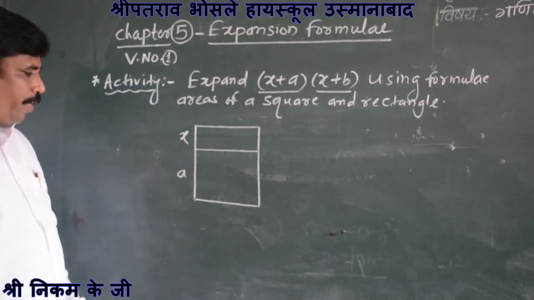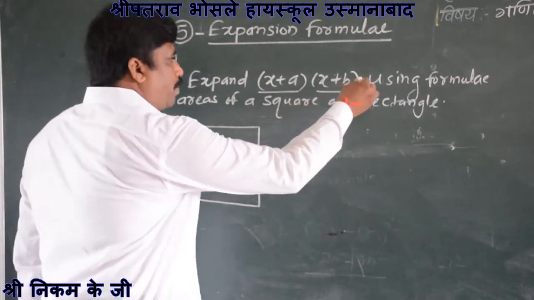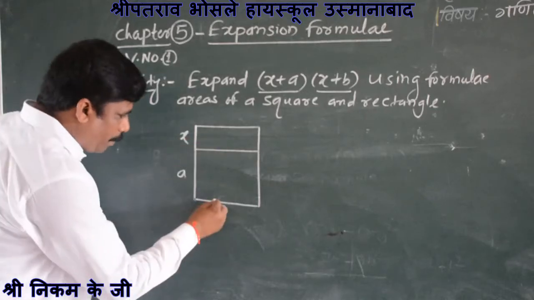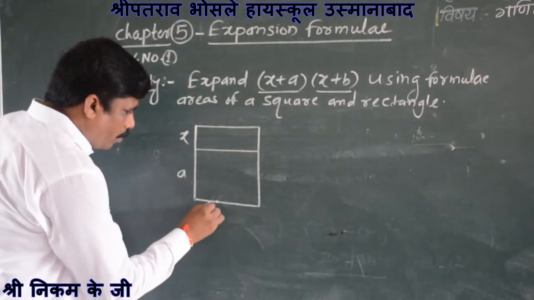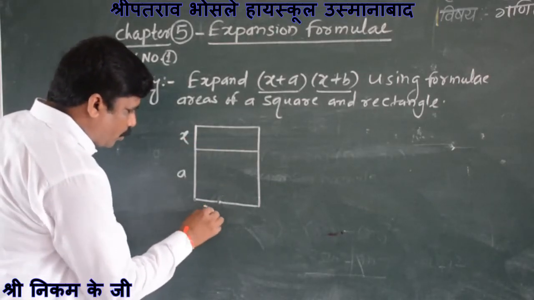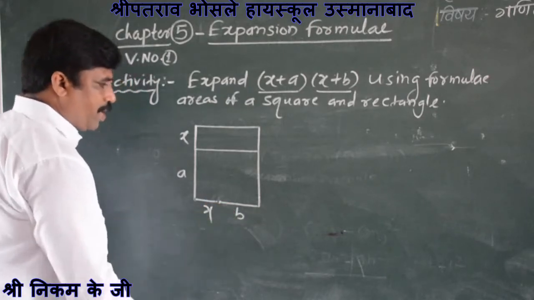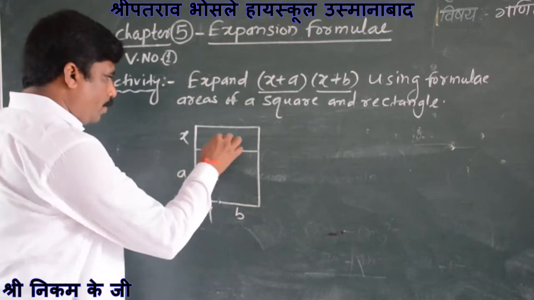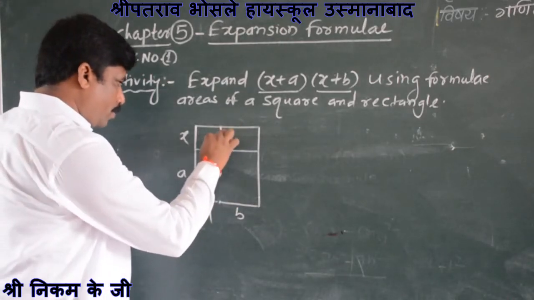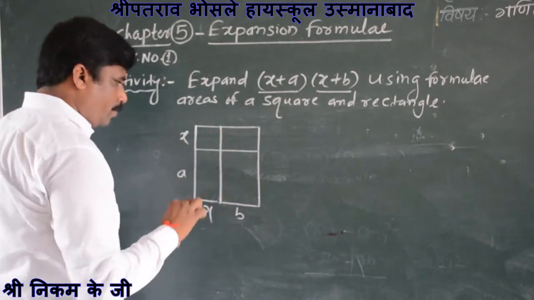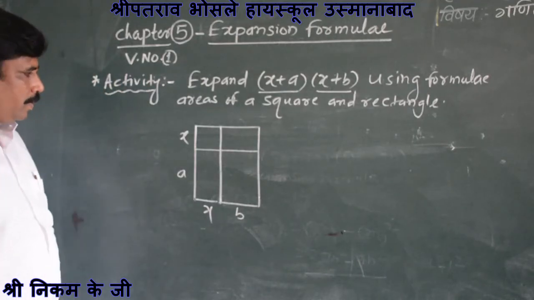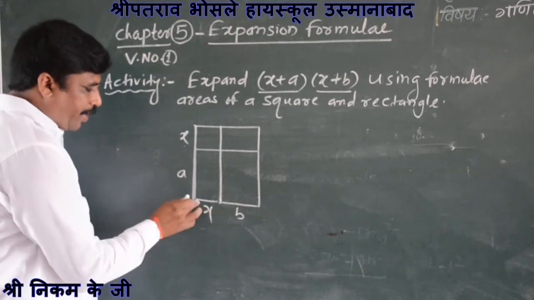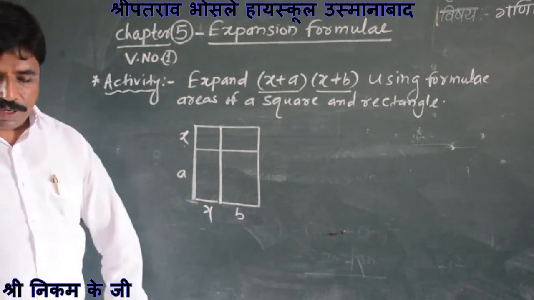The length of the rectangle is equal to x plus a and the breadth of the rectangle is x plus b.